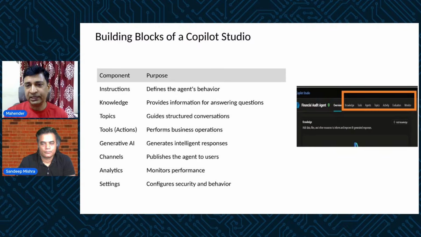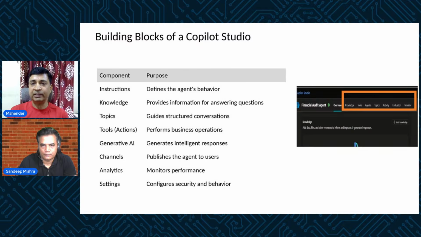So first thing is the instruction, right? When we are building an agent, of course we are not writing any code, but we need to provide some kind of instruction. The instruction that we provide will become the base for the agent, and based on those instructions only the agent will work.